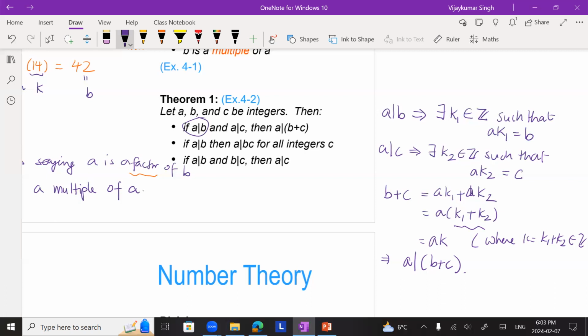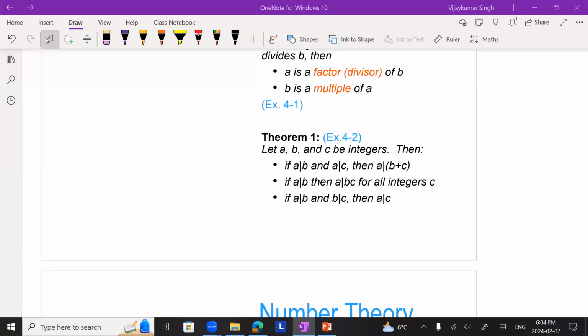Now, can we try to do problem B? Let me call this problem A, statement B. Let's try to prove statement B. Again, the starting point is: since A divides B, we're given, this implies there exists an integer K in Z such that AK equals B. Now you want to make a statement about BC, that A divides BC.